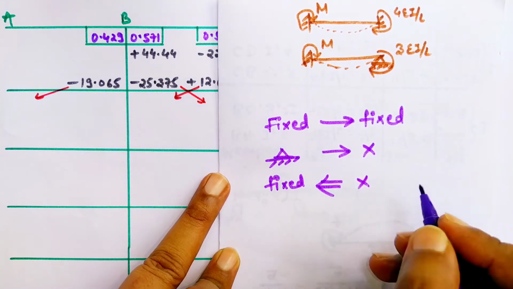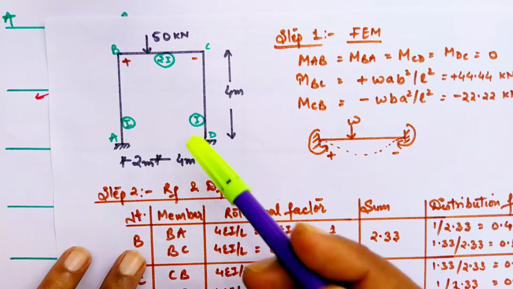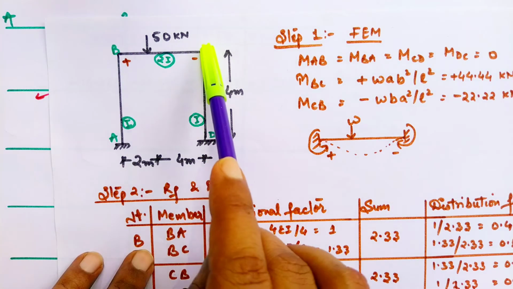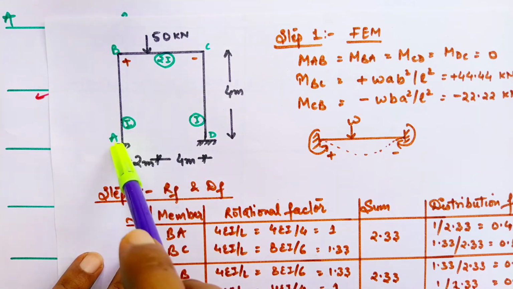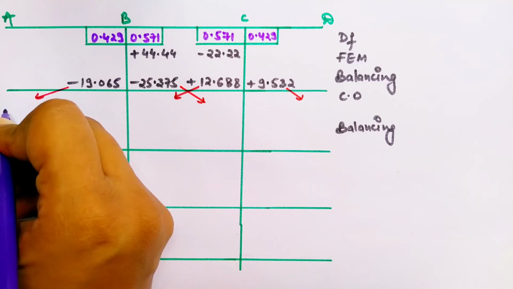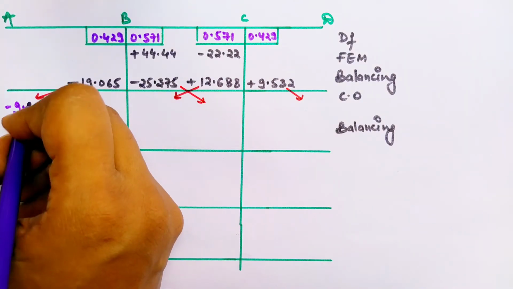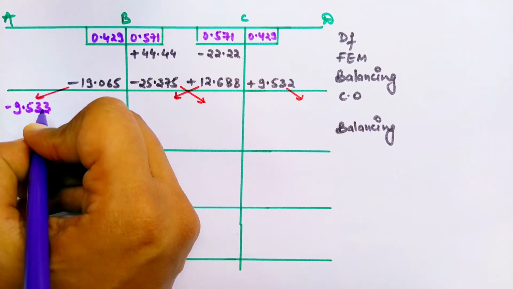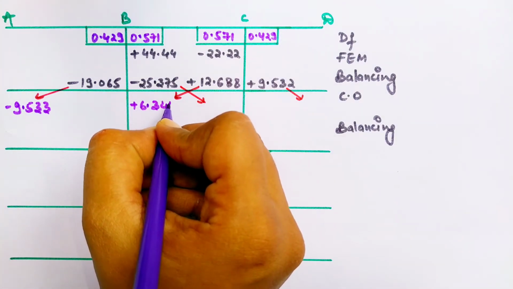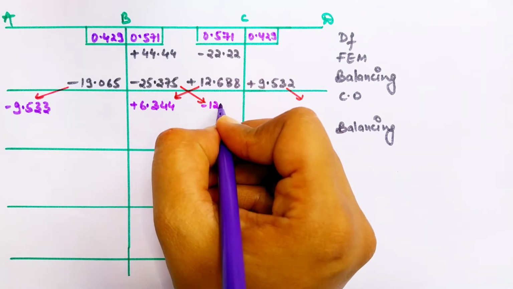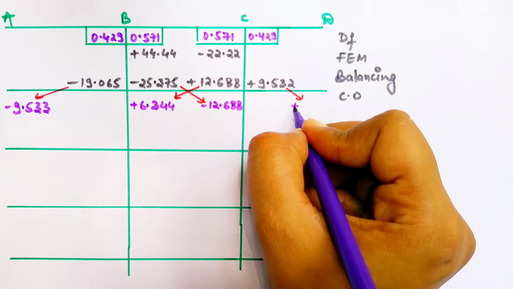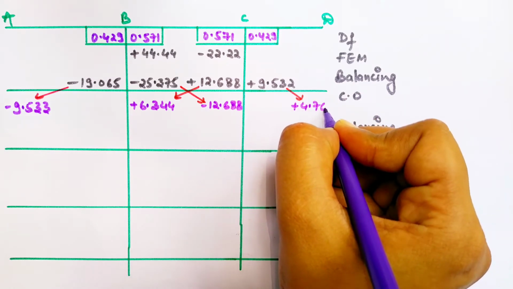A fixed joint can only take, it will not give back. So here, B and C will be transferring to A and D, and A and D will not be transferring it back to B and C. So I am simply transferring half of it with the sign. If it is negative or positive, half of it with the sign you have to transfer. Just put it in the calculator, divide by 2, and transfer with the sign.